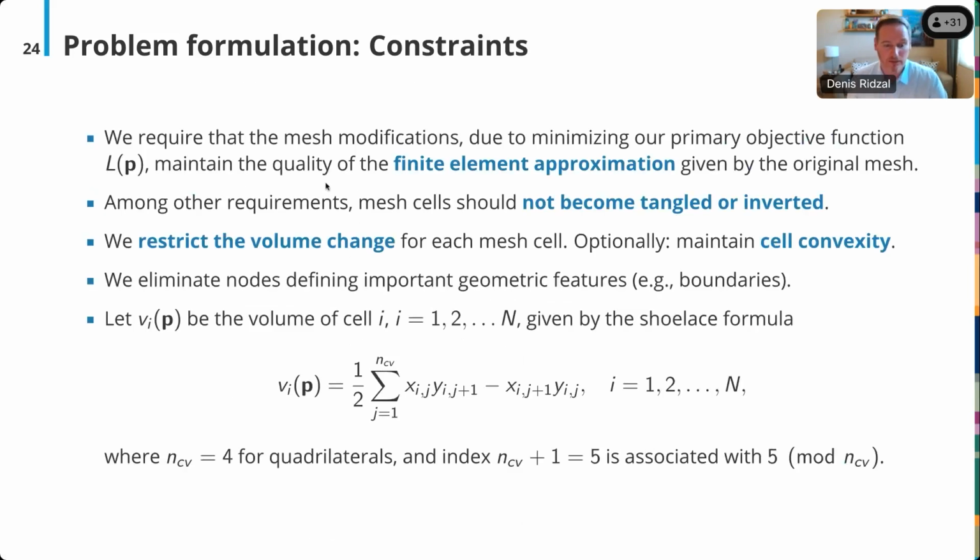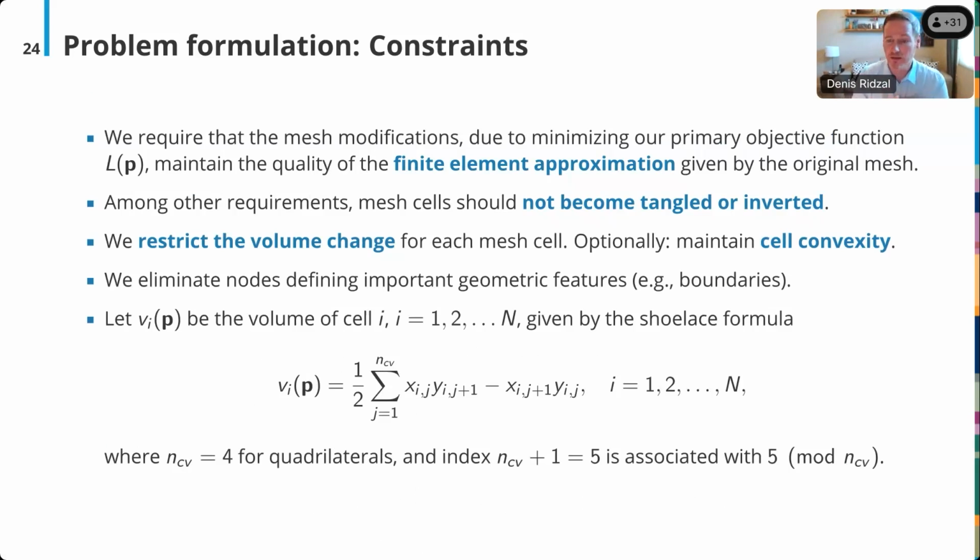Now, in addition to the objective function, we need to worry about constraints. We want minimal mesh modifications. We don't want tangling or cell inversion. So what we do, and this is just one thing you can do, but there are a few others, we restrict the volume change for each mesh cell by some percentage, like 10%, 20%, or whatever.